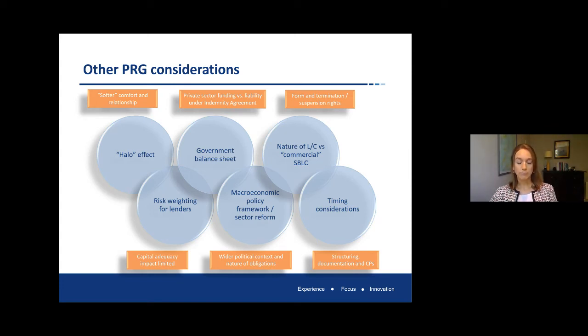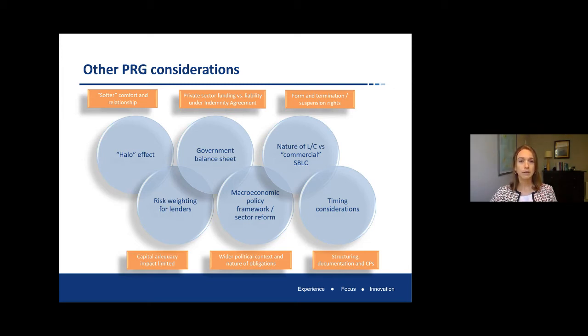Macroeconomic policy framework and sector reform. Again, something we've mentioned briefly today already, but there will likely be requirements from a World Bank perspective for a country to implement certain new policies or reforms as part of the rollout of a PRG product. Now, generally, I think we would say this is a positive development, generally looking to strengthen sectors or institutions within the country.